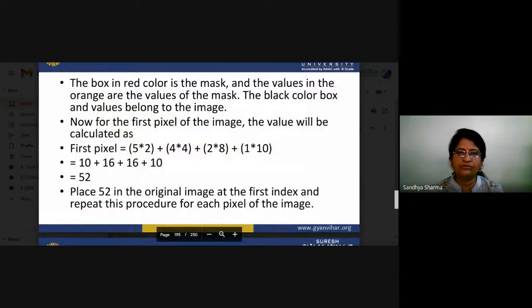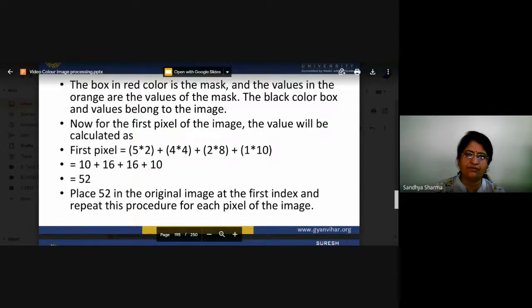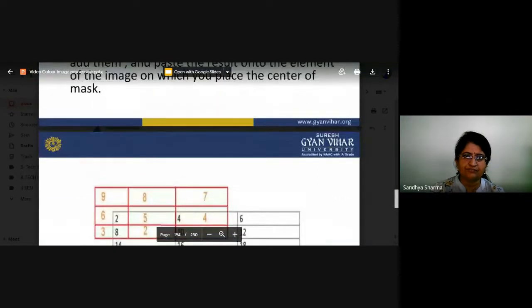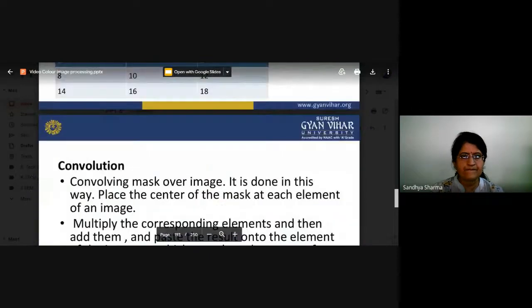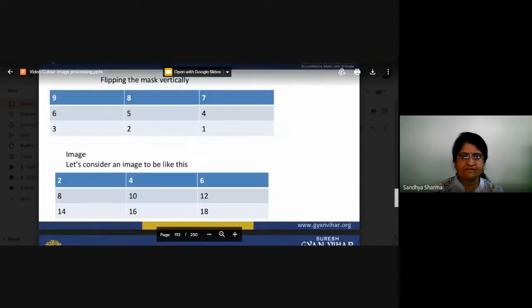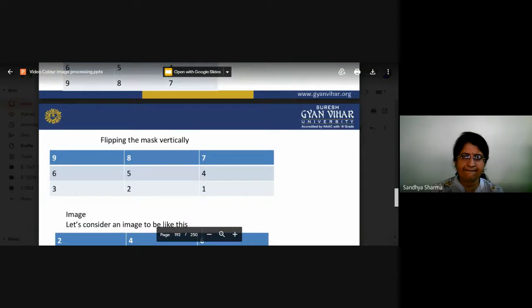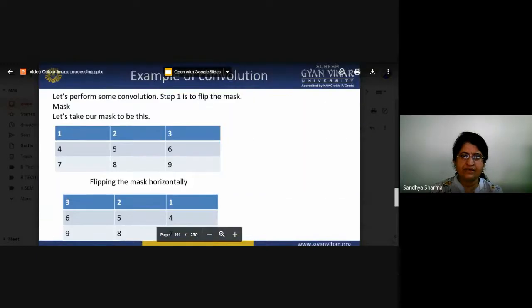Place 52 in the original image at the first index and repeat this procedure. What about the first index? That is the mask.